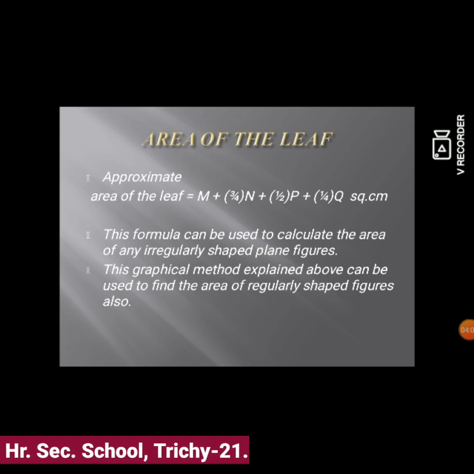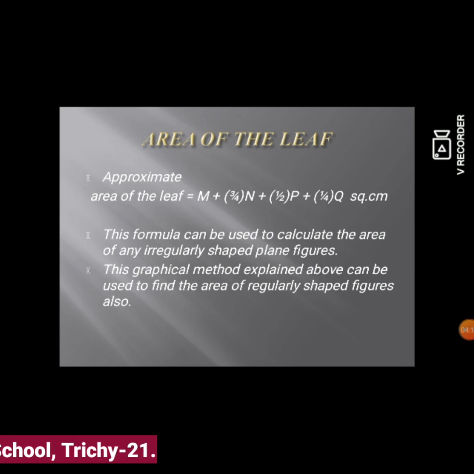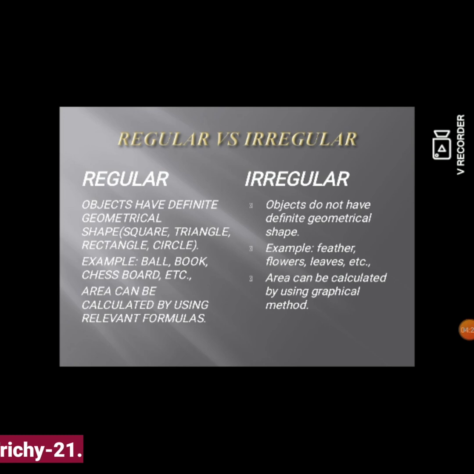This formula can be used to calculate the area of any irregularly shaped plane figure. This graphical method can be used to find the area of regularly shaped figures also. In the case of a square and rectangle, this method gives the area accurately.